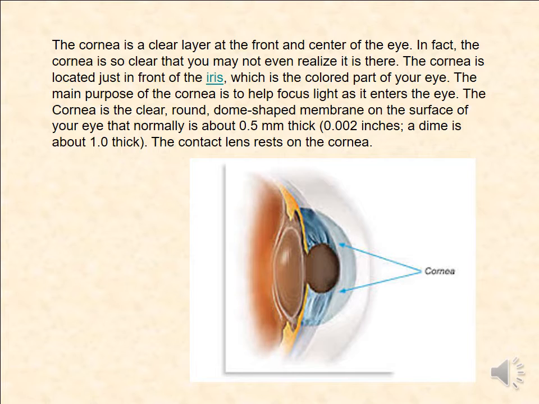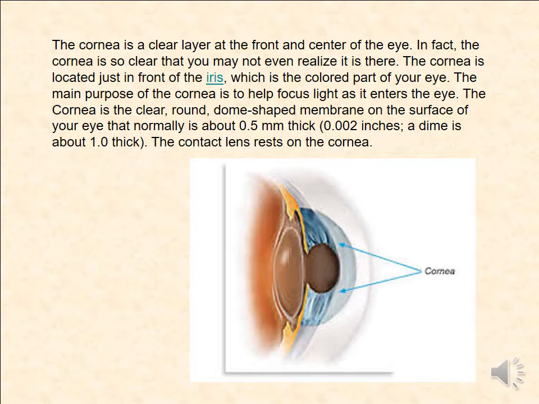The main purpose of the cornea is to help focus light as it enters the eye. The cornea is the clear, round, dome-shaped membrane on the surface of your eye that is normally about 0.5 mm thick, or 0.02 inches.